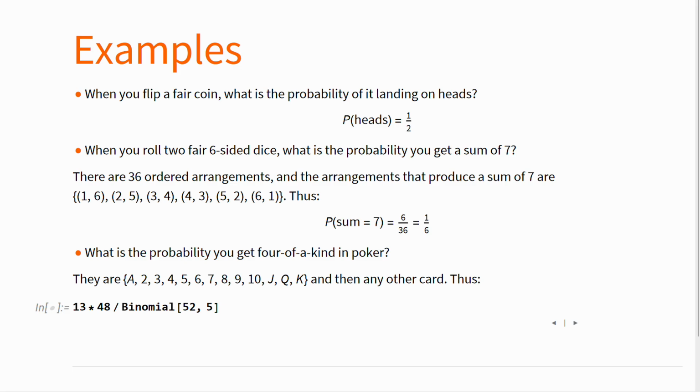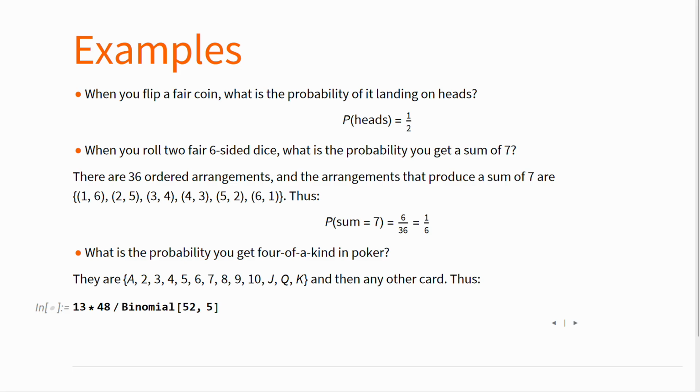Another question. When you draw 5 cards out of a regular 52 card deck, what's the probability that you get a 4 of a kind? There are 13 types of cards in a regular deck, from ace to king, so that makes 13 different 4 of a kinds. For the last card, you can choose any of the remaining 48 cards.